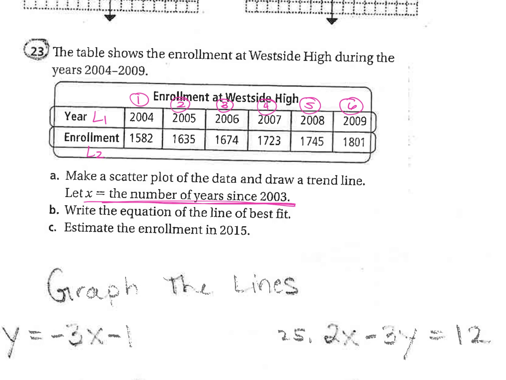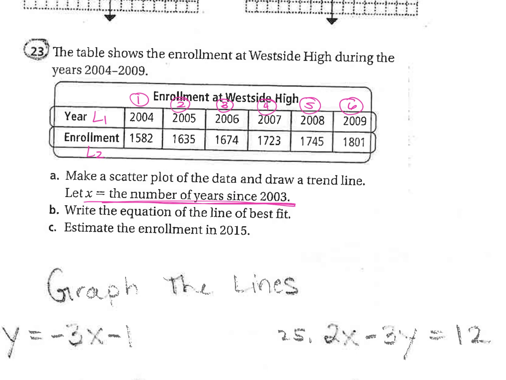Okay, so remember you go to stat for this and then edit. And then we will clear both of these out. So clear, enter, arrow over to L1, hit clear, enter. So we're gonna plug in 1 through 6. 2, 3, 4, 5, 6.